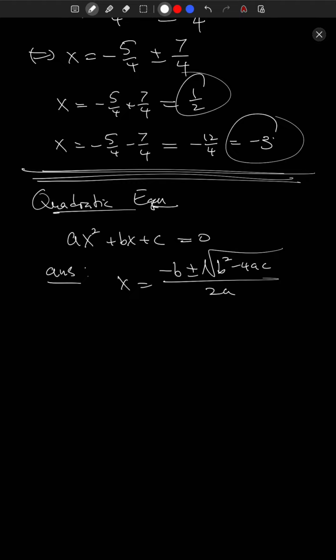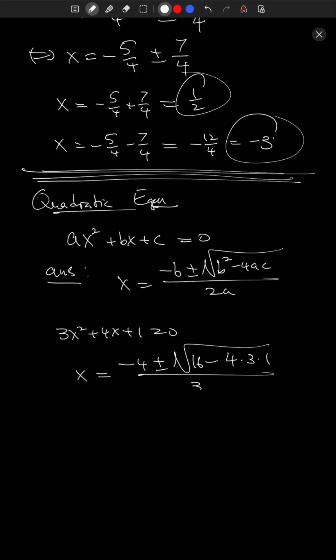We've just essentially memorized this, right? So if I had 3x squared plus 4x plus 1 equals 0, then instantaneously I know the answer is x equals minus 4 plus or minus root 16 minus 4 times a, which is 3, times c, which is 1, over 2a, so 2 times 3.